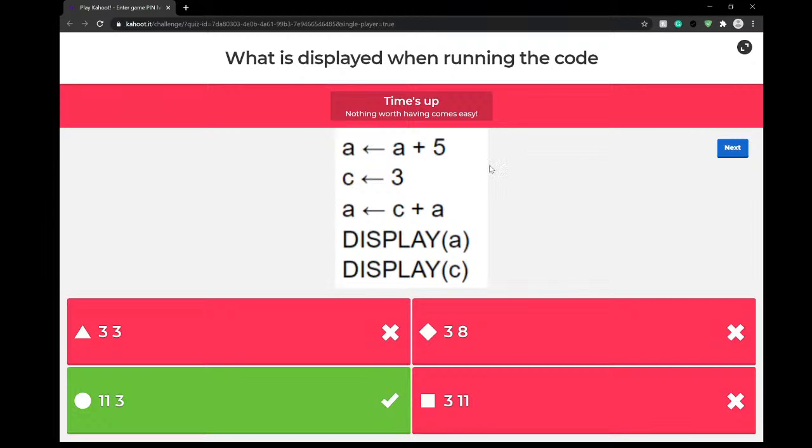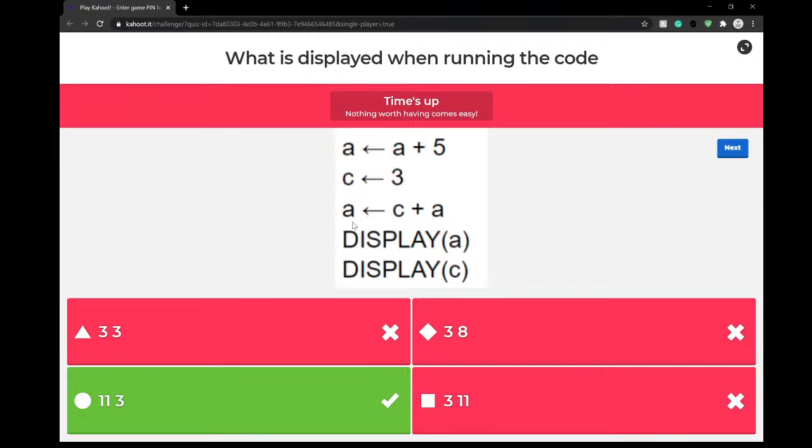So what you want to do is basically add the number that's assigned to A, add 5 to that, and so there you have A. Displaying C, so C would be 3, and then if you add C plus A and save that back into A, that would equal 11.